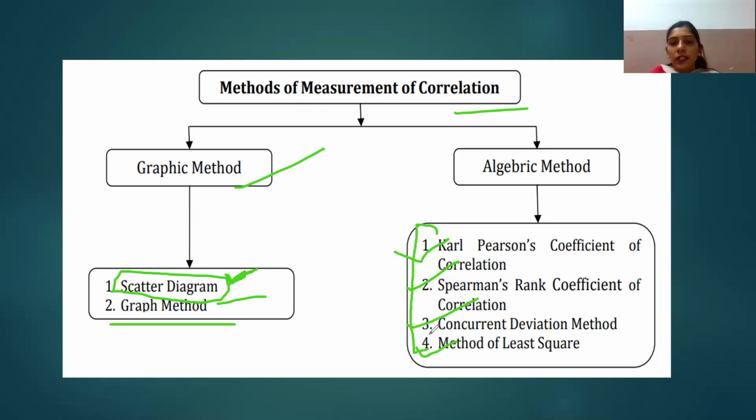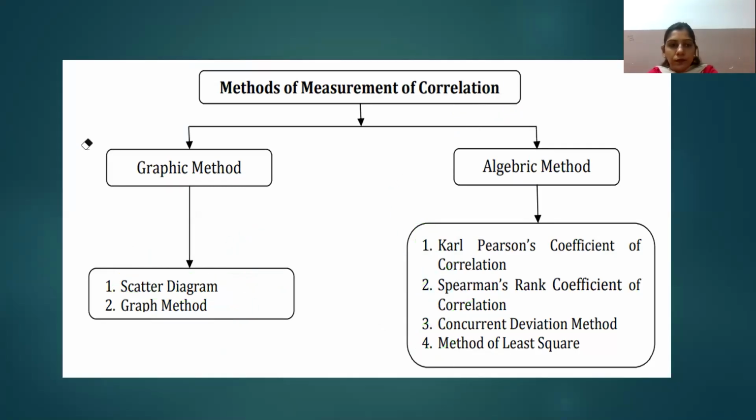So these are the algebraic methods of calculating correlation, and scatter diagram and graph method are the methods used for graphical method of correlation. So first of all, we will understand scatter diagram.